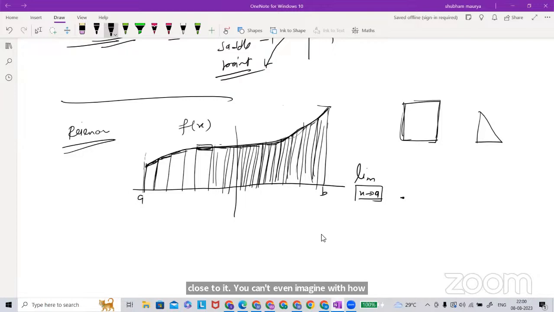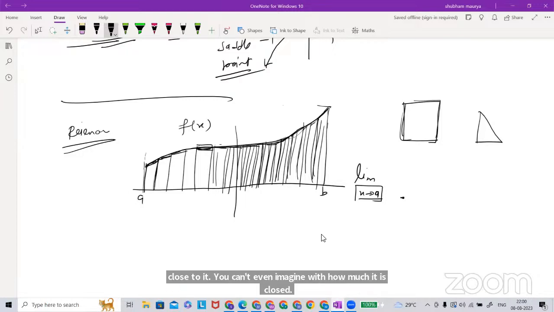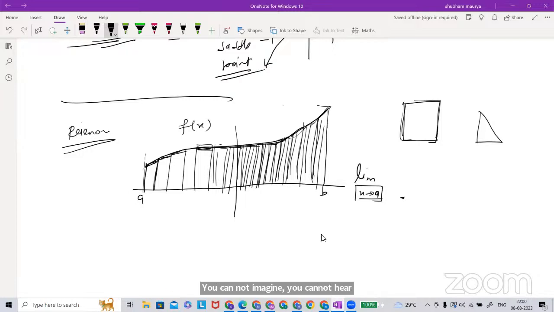Geometrically you are unable to see it, but it means you are very close. So if you start breaking this area into very small regions, you cannot even imagine how small.